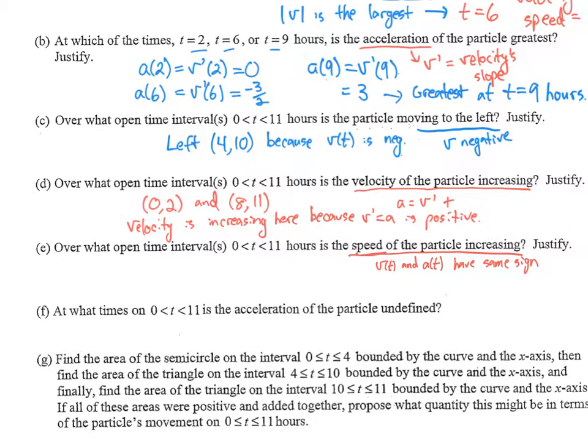And as we look for this, I want you guys to remember that the acceleration is the same as the slope of velocity. So this is going to be kind of a brain bender. We're going to look up at the original velocity graph and look for places where the velocity is positive and the slope of velocity is positive, or where the velocity is negative and the slope of velocity is negative. I want these things to happen at the same time. All right, let's take a look up there.